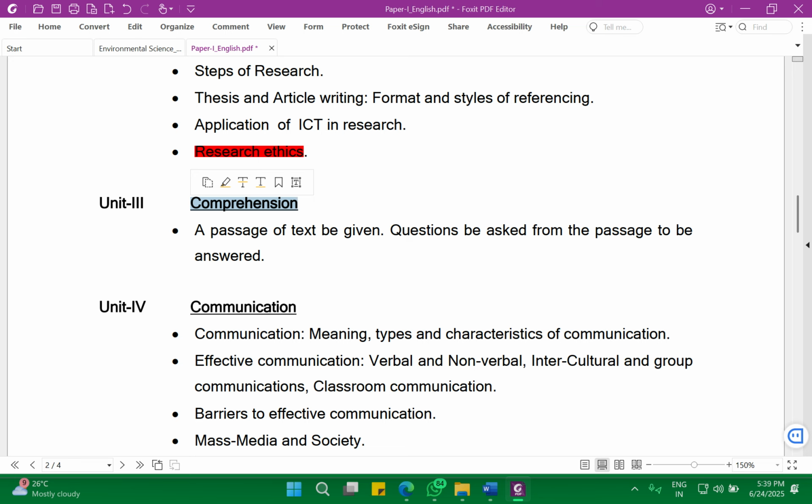And paper 1 is an open ended one, so you can easily score more marks in paper 1 compared to paper 2. So try to focus more on paper 1 compared to paper 2. If you score more than 40 in paper 1, and in paper 2 if you score more than 55, definitely you will be able to achieve the JRF.